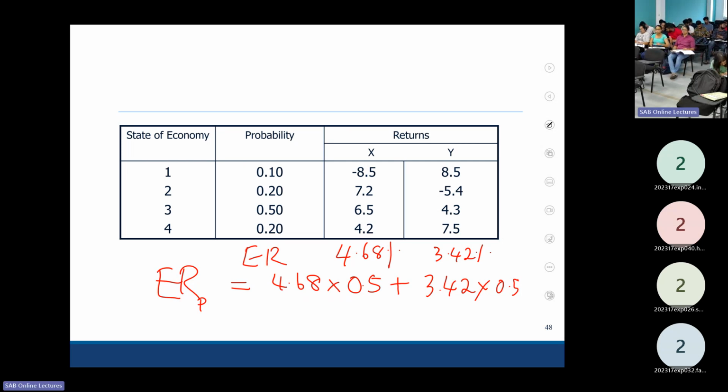If you have 3 stocks, similarly, if you have 10 stocks in the portfolio, here it is the weighted average of the expected returns of the individual stocks.